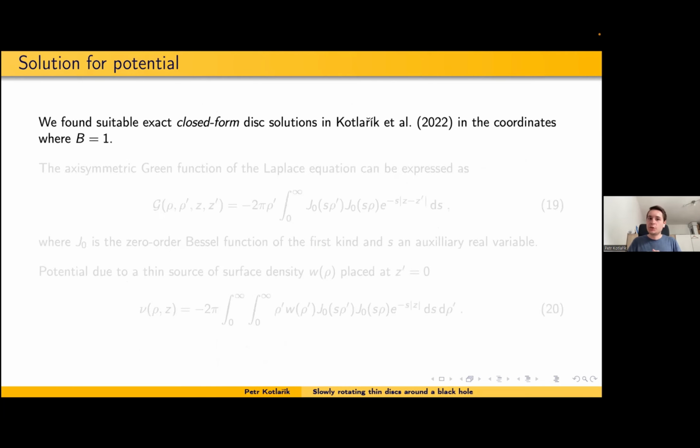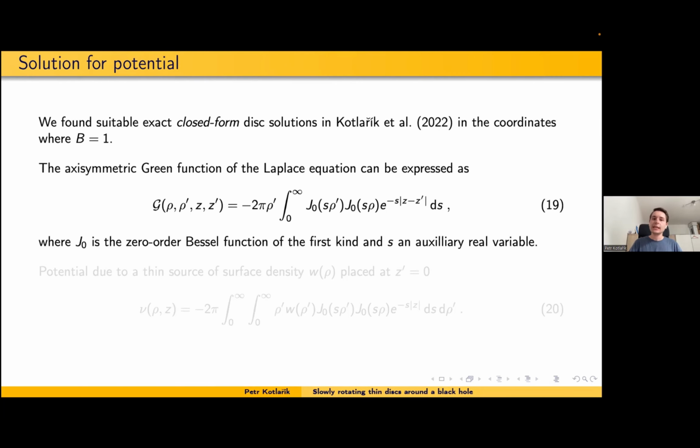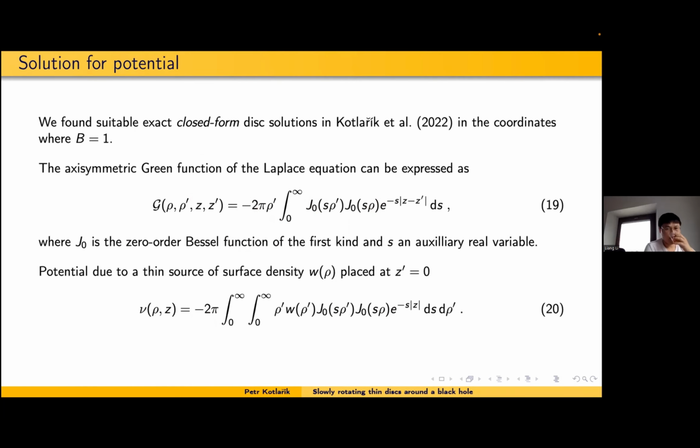And we found some suitable closed form solutions quite recently. And I will give you a brief sketch of how we arrived at the solution. It consists of expressing the Green function of the Laplace equation in this form, where these J's are Bessel functions of the zero order, and then the potential of the thin source of some surface density is given by this double integration.